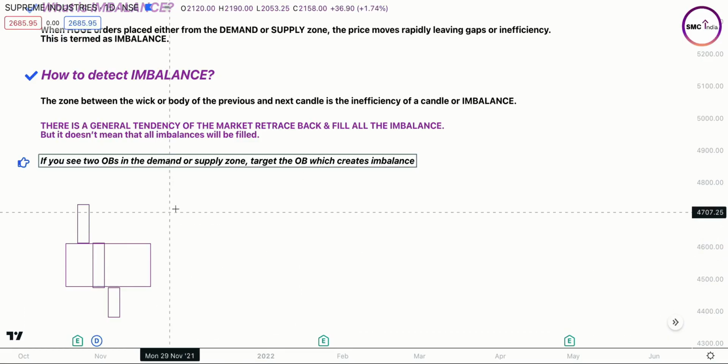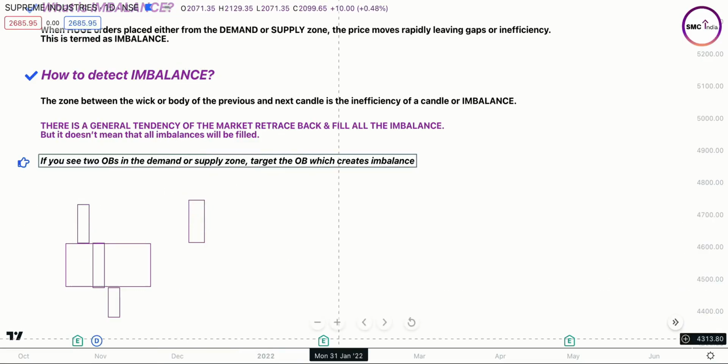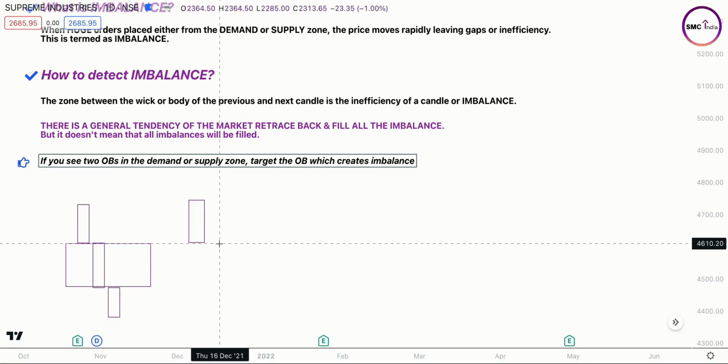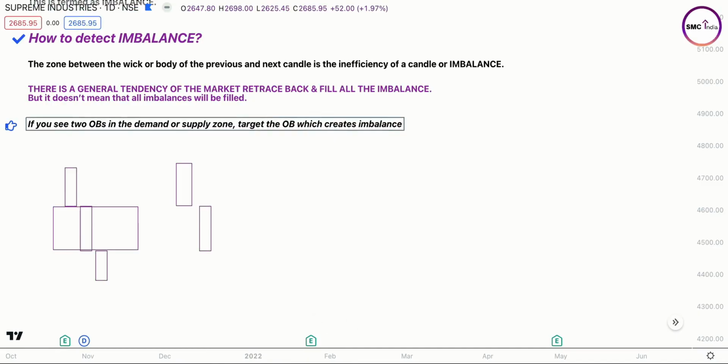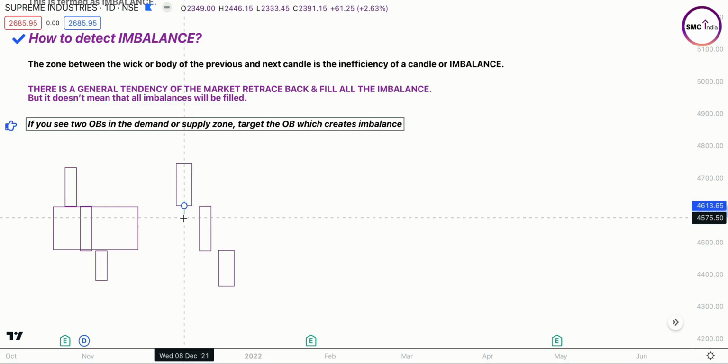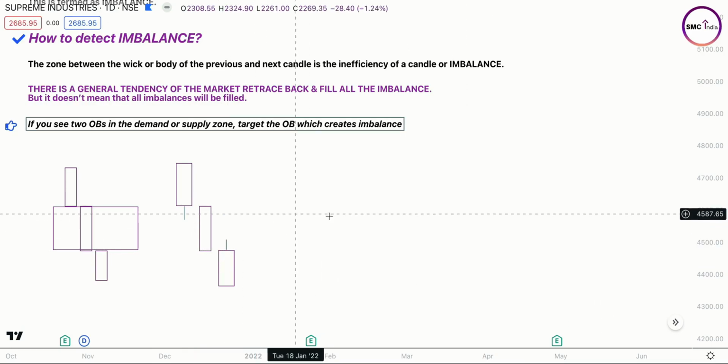I'm showing you another example. If you see this candle here, and then you see this candle here, and there you see this candle here, and there is a wick here, there is another wick.